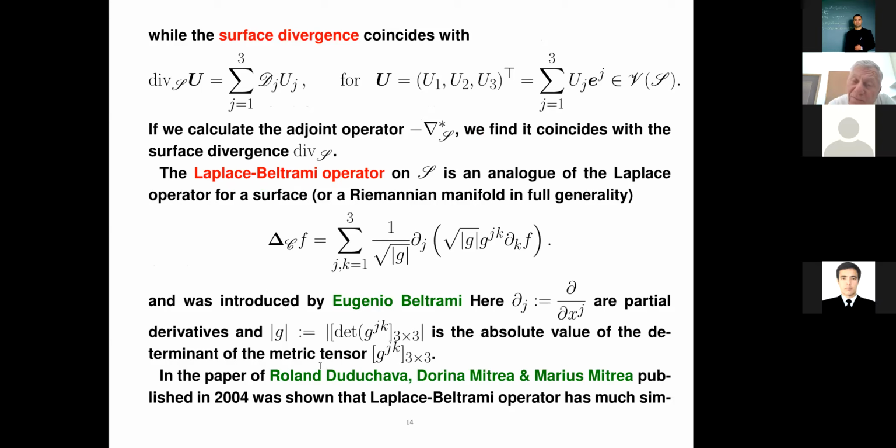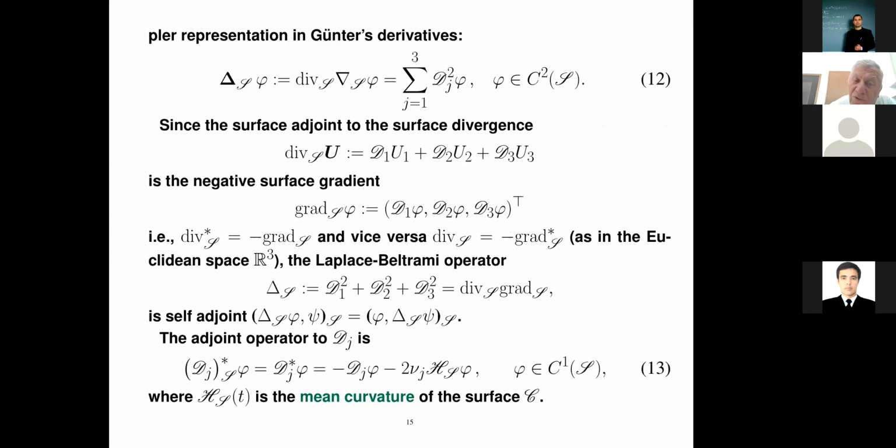And the Laplace-Beltrami operator, which is defined in classical differential geometry by the formula here, is just the sum of squares of Günther's derivatives.